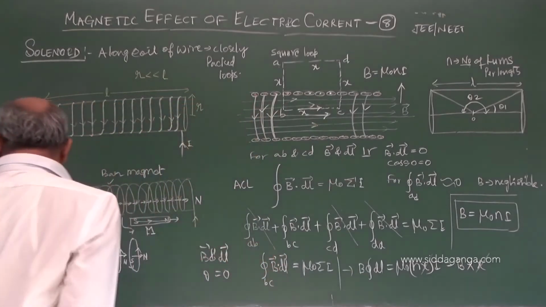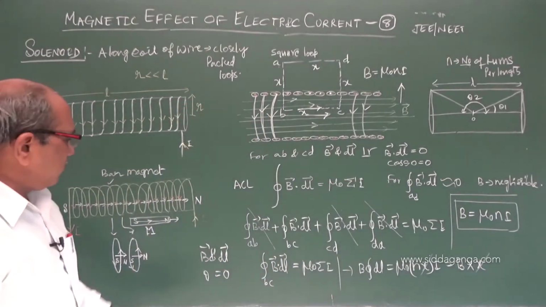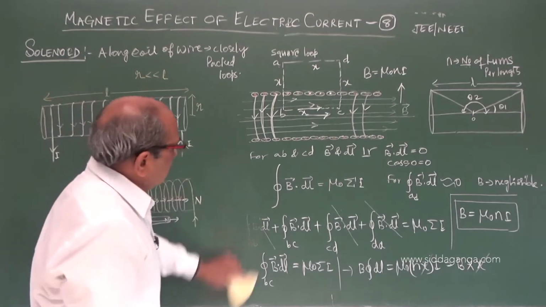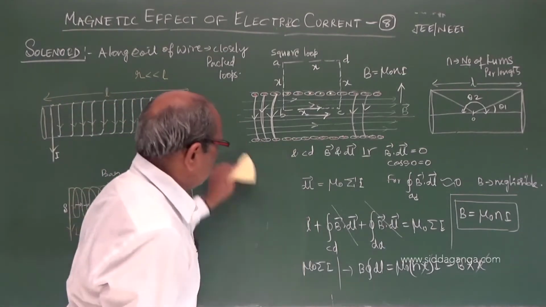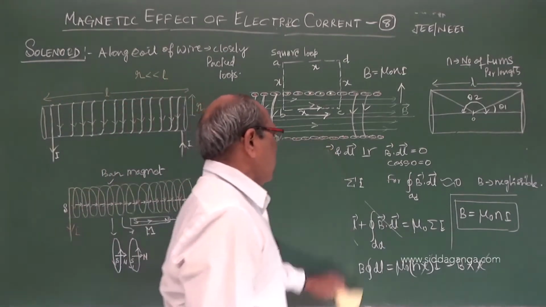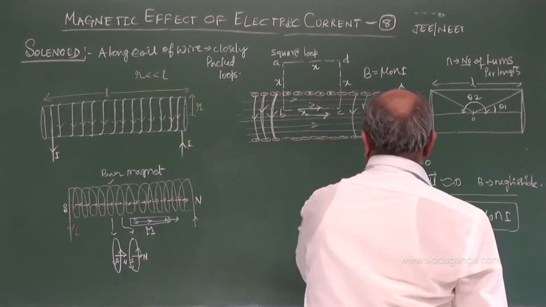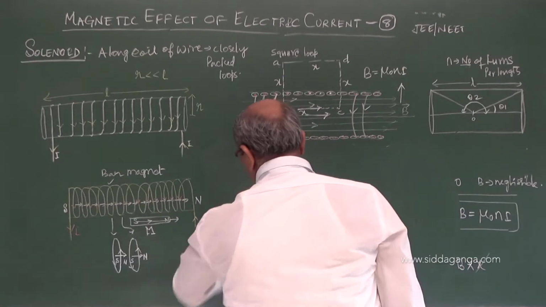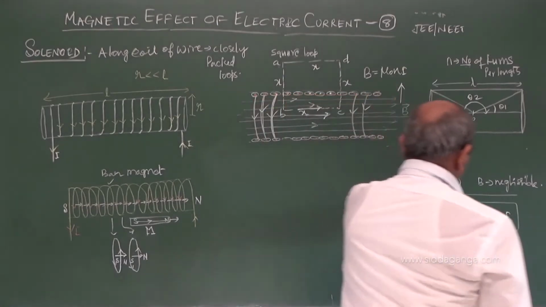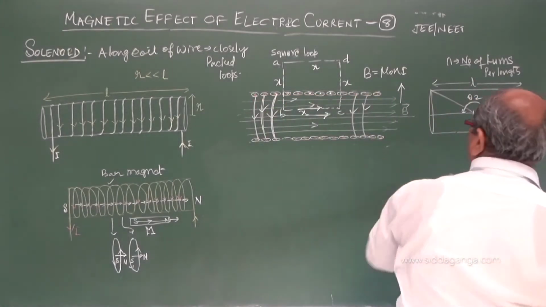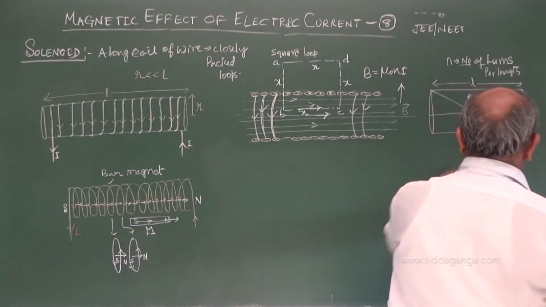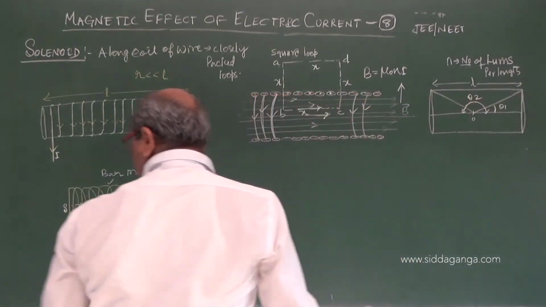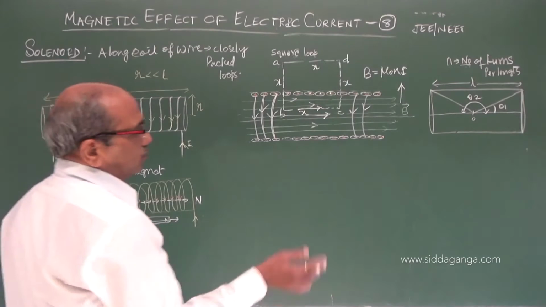This is one relation that I showed on the basis of Ampere's circuital law. The relation itself is not important for you, but how the application of ACL takes place to determine the magnetic field of a solenoid. Now there is another relation, I am not going to derive that also.